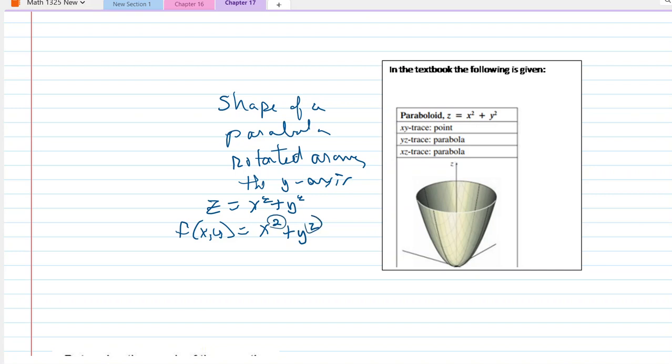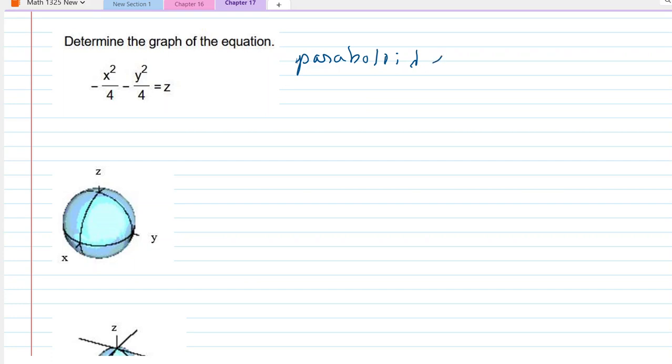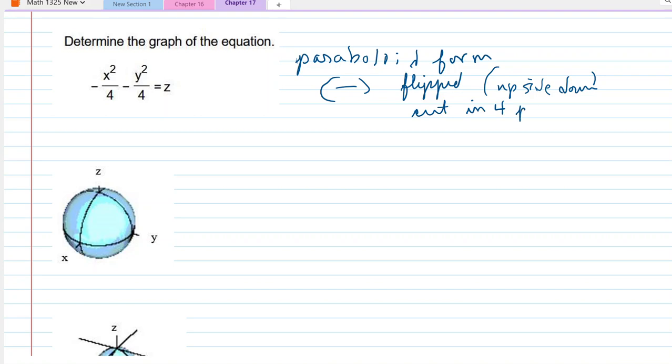So I've given you this guy here, and we notice it's in paraboloid form. But it's negative, which means it's flipped upside down. And it also has a fractional cut in 4 parts, making it wider.